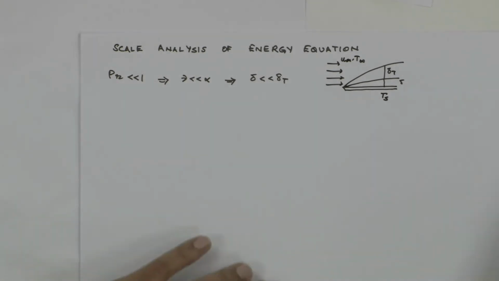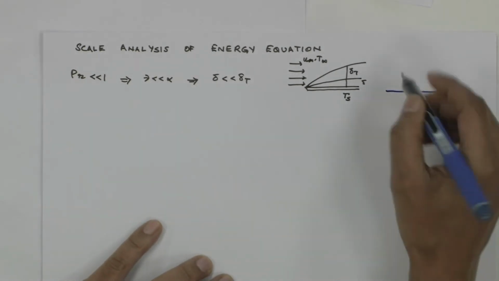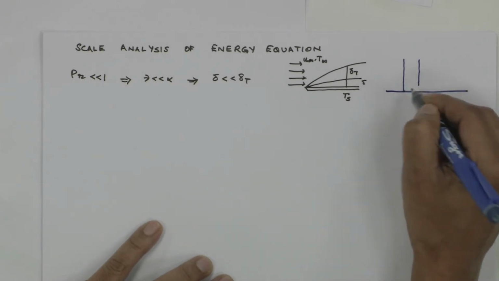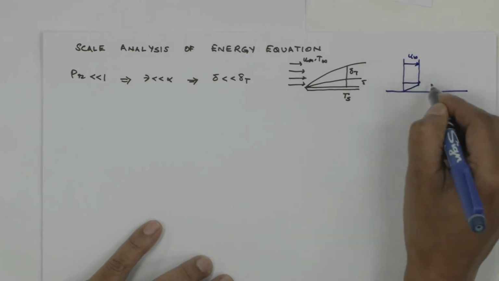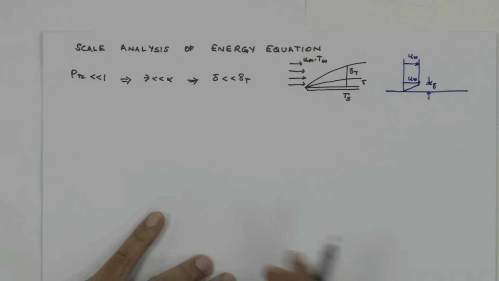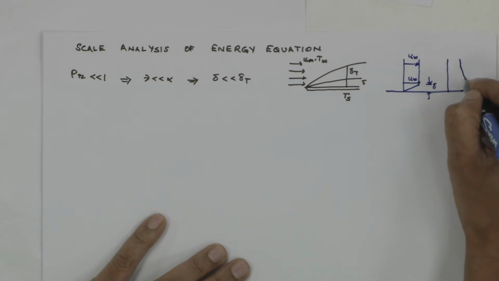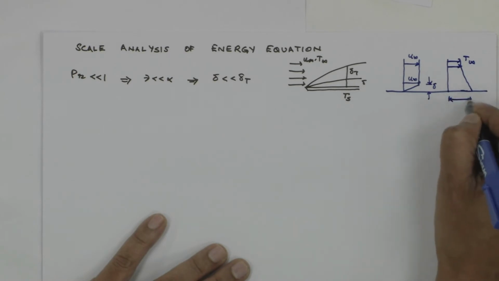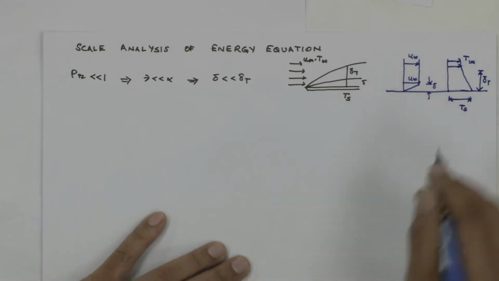Now let's try to draw the distributions of velocity and temperature within the boundary layer and outside it. As delta is very small, only within delta is my velocity varying; here it is U infinity, this is U infinity, and this thickness is going to be delta. Now here the thermal boundary layer thickness is very large, so you have T infinity and this is Ts and this thickness is delta_t.